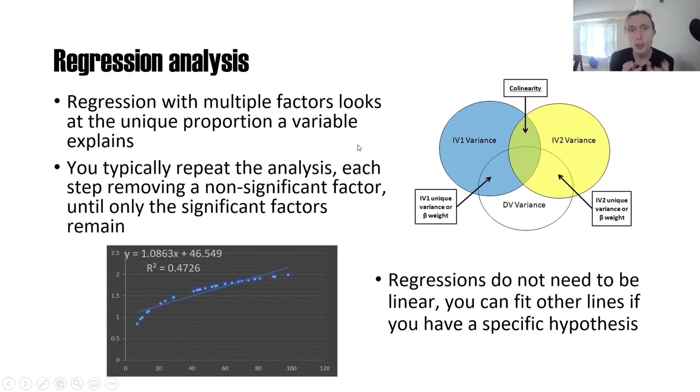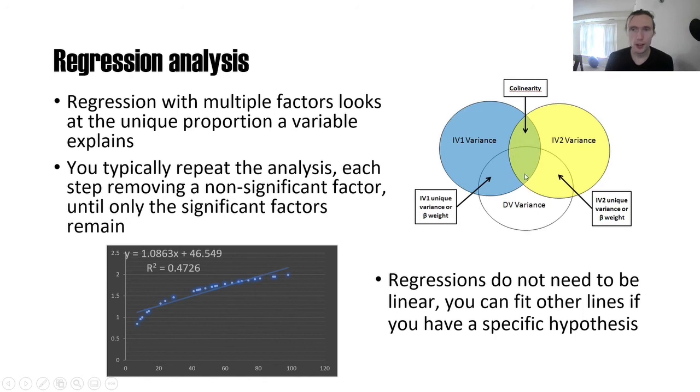Now, when you do a multiple regression analysis, then we look at what each factor uniquely explains. Because there might be an overlap between income and BMI score as well, right? It might be that income already explains BMI score, and then if you would just take everything of BMI and everything of IQ, there would be some part that would be double, which is this part in the middle here in this picture.